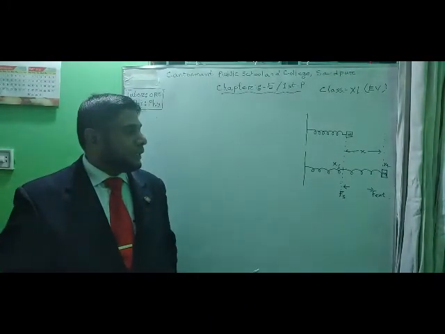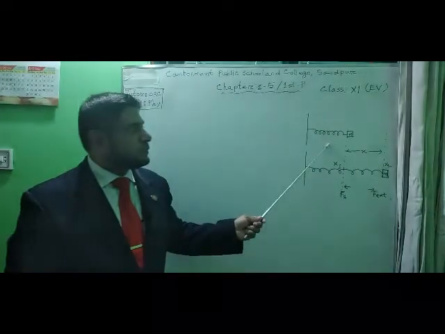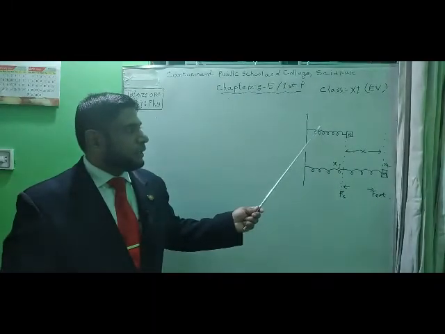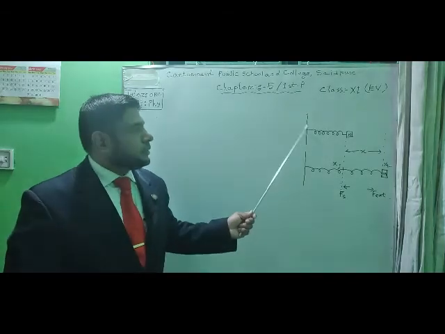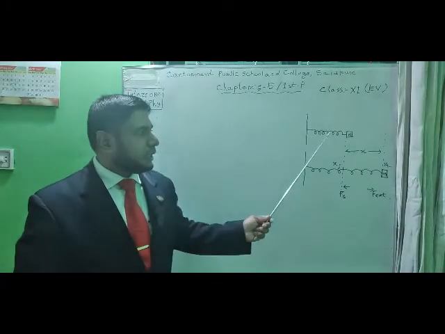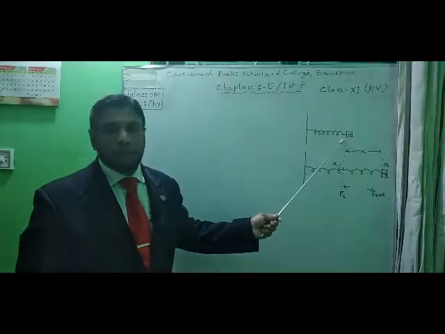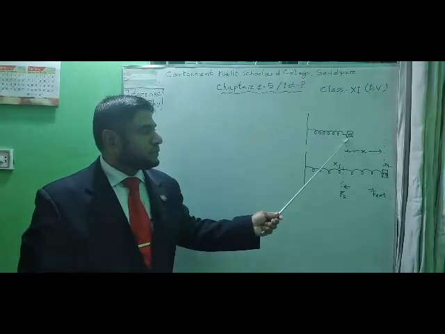Now suppose in figure 1 there is a spring. One edge of the spring is connected to a constant, rigid support, and on the other edge a particular mass m has been attached.